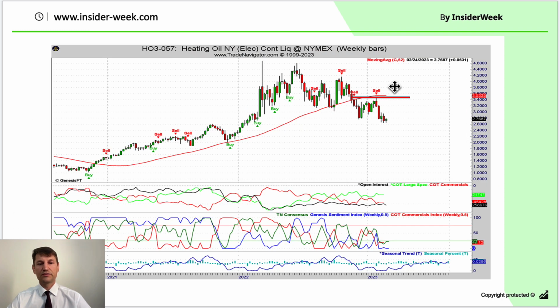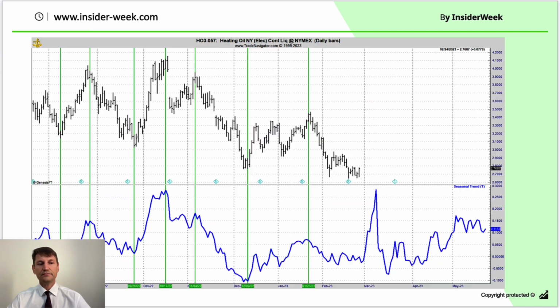On the short side, we have heating oil. But now heating oil is at resistance. In the upcoming period, we have a strong seasonal trend, so we expect higher prices, and therefore we stay on the side and we don't plan a new short trade.